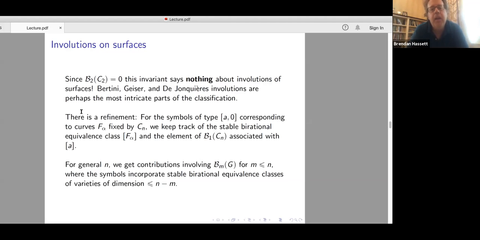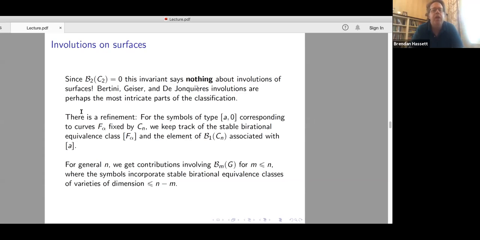And so then it carries a structure that's more intricate than just a finitely generated abelian group, because you're encoding these stable birational classes. And so when you do this, the relevant contributions of the B groups are in lower dimensions.